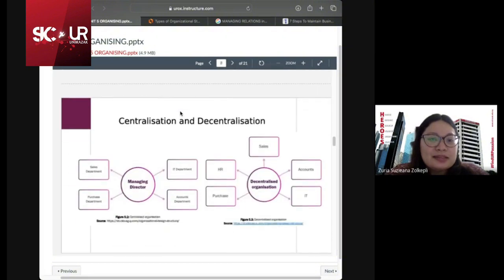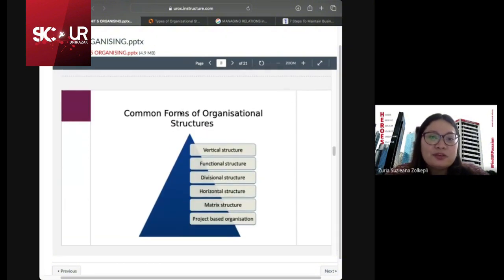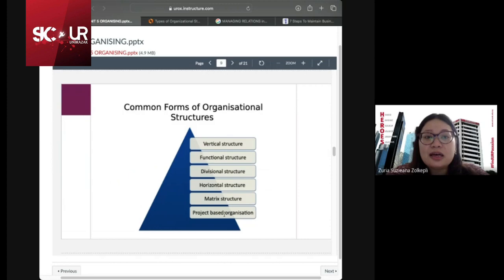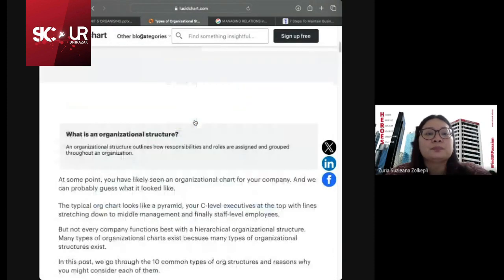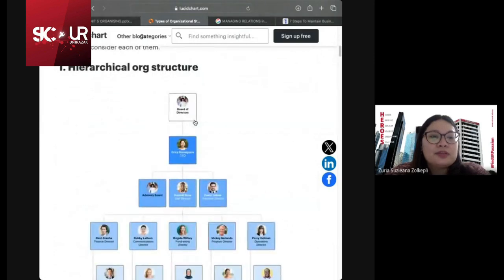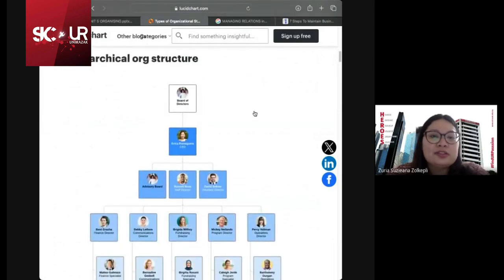So let's take a look at the common forms of organization structure. These are some of the common forms, and we will look at them with explanation. We have the hierarchical organization structure. This is how it looks for most companies, commonly used. You can see that the board of directors is on top, and among the board of directors is the CEO. He or she will oversee the whole business operation and act as a spokesperson.